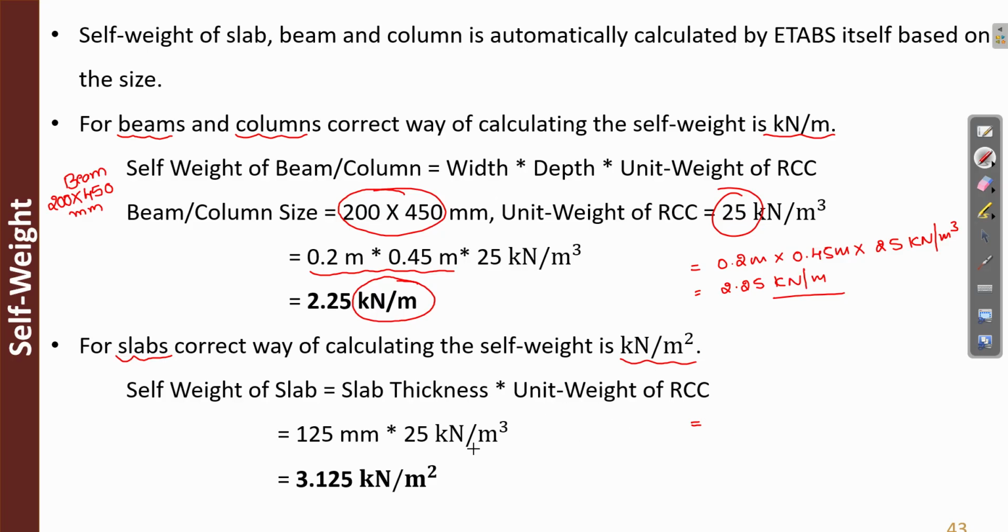So slab thickness, if you assume 125 mm, it is 0.125 multiplied by unit weight of RCC 25 kilonewton per meter cube. So it is 3.125 kilonewton per meter square. Okay.